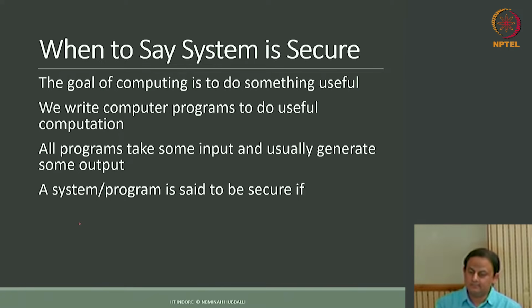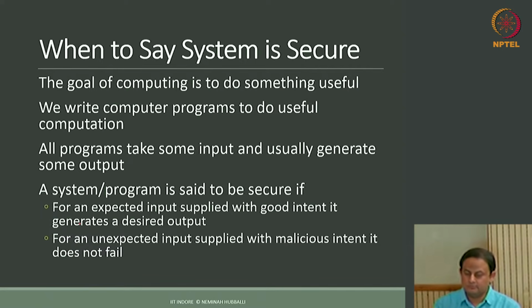And we say that a system, program or application is secure if it possesses the following two properties. What are those? One is, for an expected input supplied with good intent, where some user is giving some input, the program or application does not fail and generates the right output.